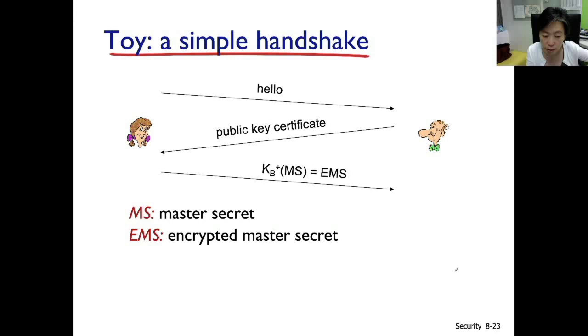Now, to address that problem, we use another system on top of the secret key. It's called the public key system. Instead of using one shared key, the public key system generates a key pair. One is called the private key, the other is called the public key.